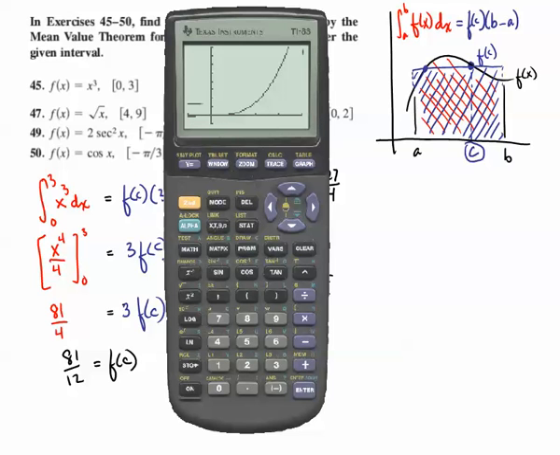I'm going to graph the two functions, and there we go. At this point, the rectangle formed by a base of 3 and a height of 81 over 12 is equal to the area under the curve, which is 81 over 4. So let's see where those curves intersect.